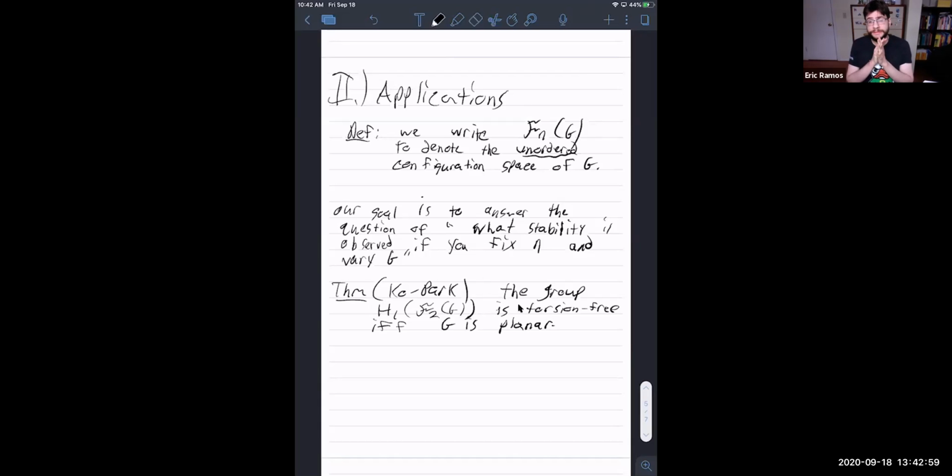Again, we see this minor-closed condition of planarity. I fix the number of points, I'm only configuring 2 points. But if I allow my graph to vary within the planar graphs, everything you get is always torsion-free. Conversely, if you took something non-planar, you would find torsion in H1 of F2. So this is a uniformity result in a strong sense of how the torsion is acting across all graphs.